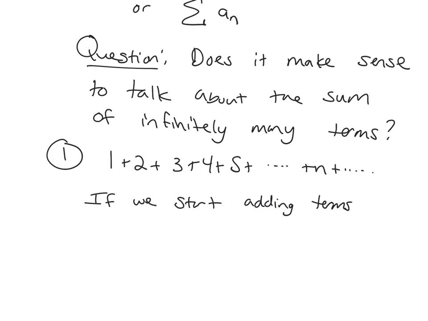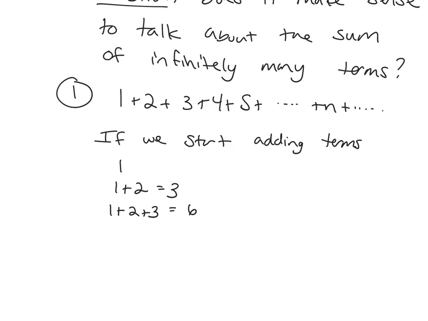So let's start: the first time I can count a number, 1, and then I'm going to take 1 plus 2, that's 3, right? 1 plus 2 plus 3, 6. 1 plus 2 plus 3 plus 4 is 10. 1 plus 2 plus 3 plus 4 plus 5 is 15.